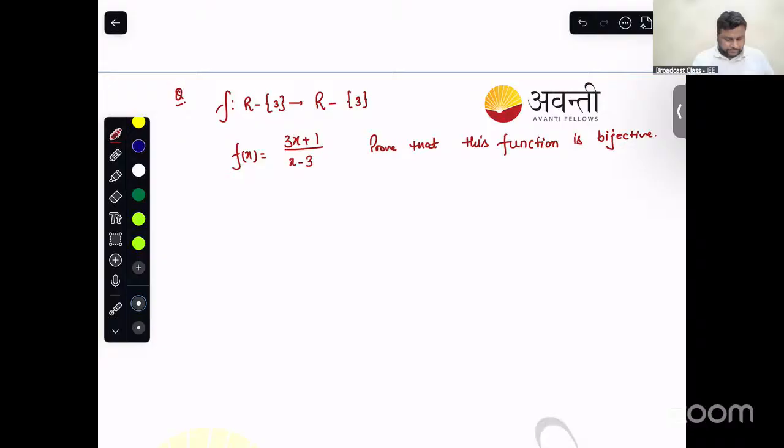Quickly attempted. Yeah, this is one-one onto, I know, but prove it.